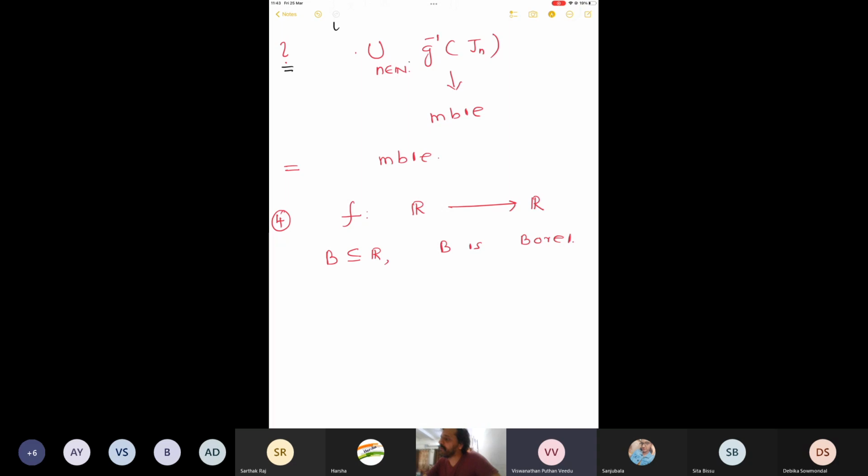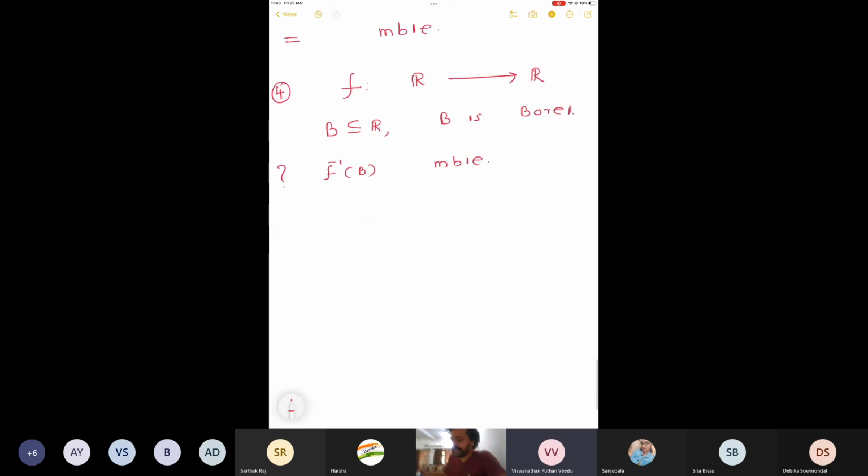Now, what you have to prove? Claim: f inverse B is measurable. I approach it in the following way. f is given to be measurable.